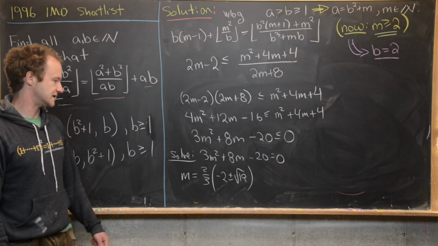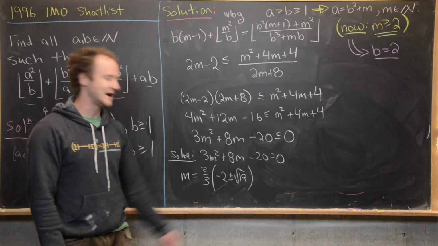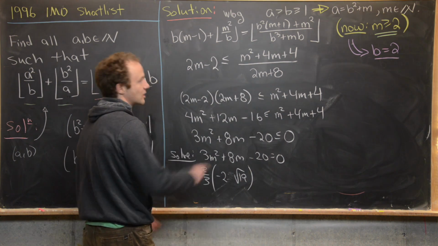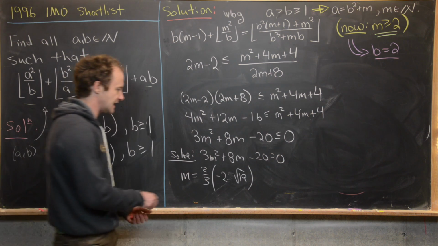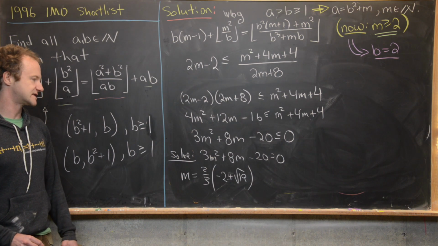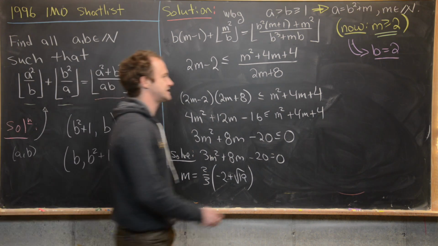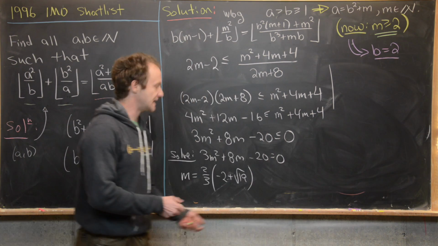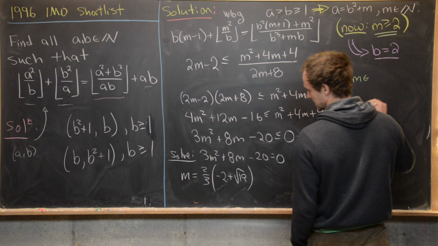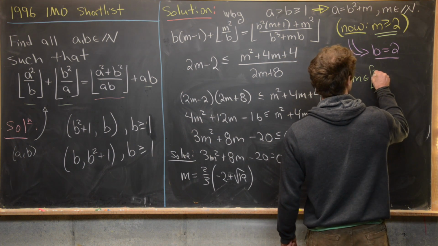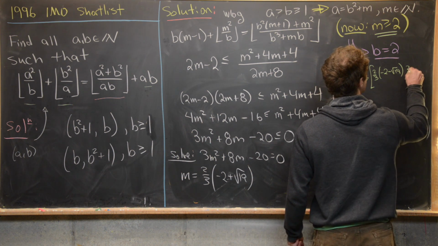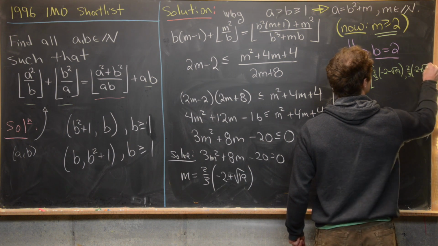Well, let's get a handle on these two. If we take minus 2 minus the square root of 19, that's going to be negative. So, of course, if m is bigger than or equal to 2, then it's already bigger than something that is negative. That means all we need to do is look at this setup right here. This inequality holds for m on this interval, which is given by 2/3 times minus 2 minus root 19, and then 2/3 times minus 2 plus root 19.